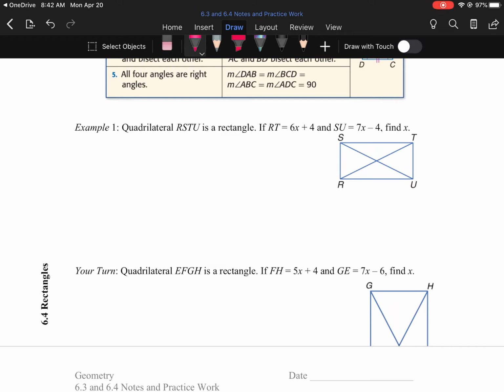We know the diagonals are equal to each other, so RT is equal to SU. Substitute in what we know. 6x plus 4 is equal to 7x minus 4, so I'm going to subtract 6x from both sides. I'm going to add 4 to both sides. So we get 8 is equal to x.